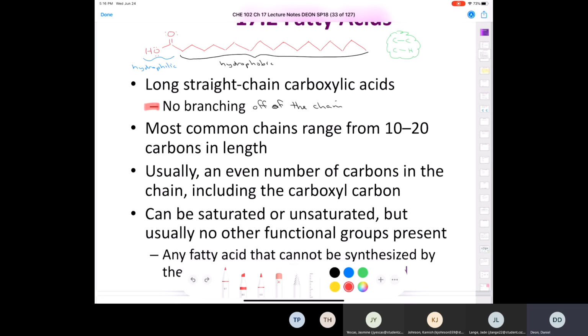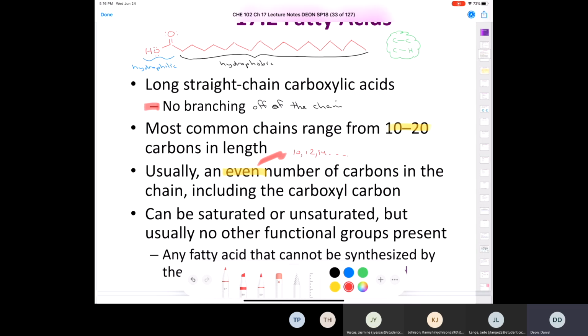Most common chains range from 10 to 20 carbon atoms in length. And what's interesting is that you are expected to memorize the number of carbons, generally speaking the range would be from 10 to 20, but it also says here that it's usually an even number of carbons. So you'd have 10 or 12 or 14, and so forth.